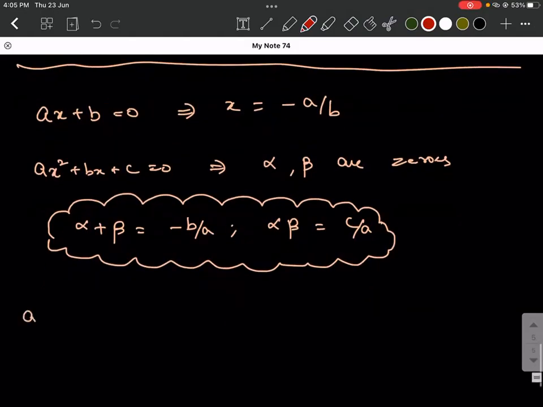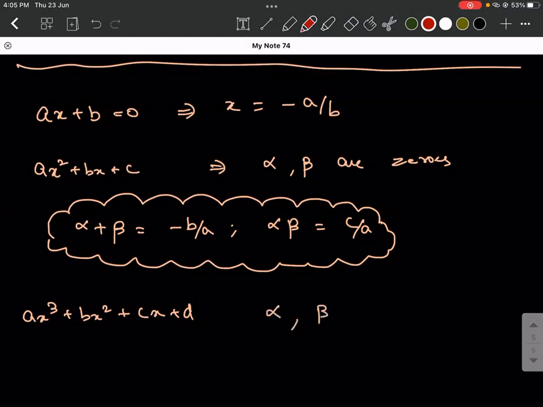Next is ax cube plus bx square plus cx plus d. If I call this the polynomial, sorry, I made a mistake, and here I wrote equal to 0. So here you can write ax square plus bx plus c. That is a polynomial, and alpha and beta are the zeros. Then alpha plus beta will be minus b by a, and alpha beta will be c by a.